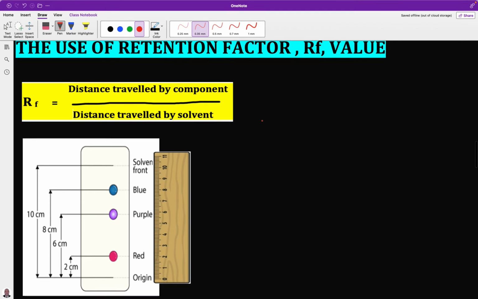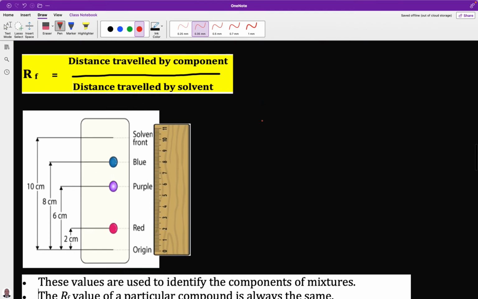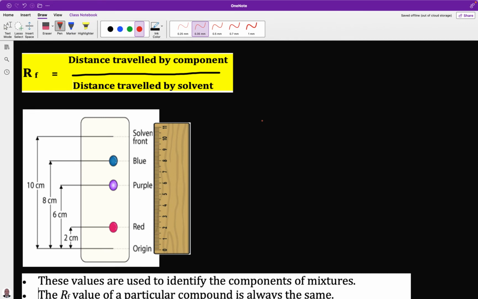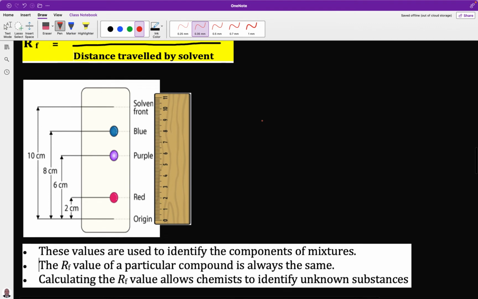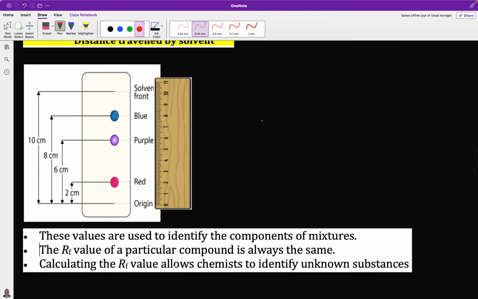This is how we calculate it. The RF value is given as the distance traveled by the component divided by the distance traveled by the solvent. Okay, now this is an example of it.